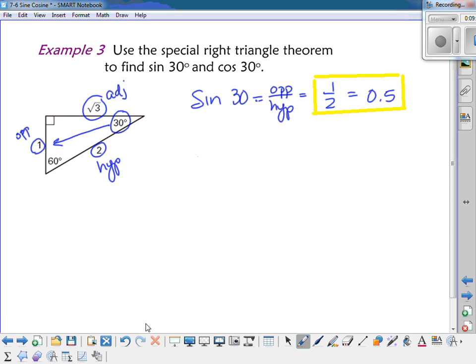And the cosine of 30 is adjacent over hypotenuse, which is root 3 over 2. When you put that into your calculator, it should come out to 0.8661.